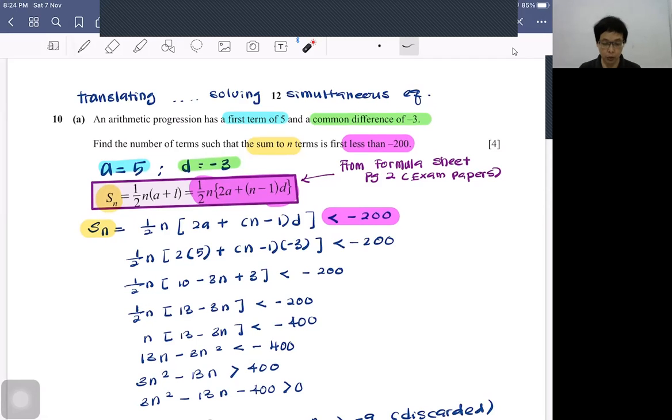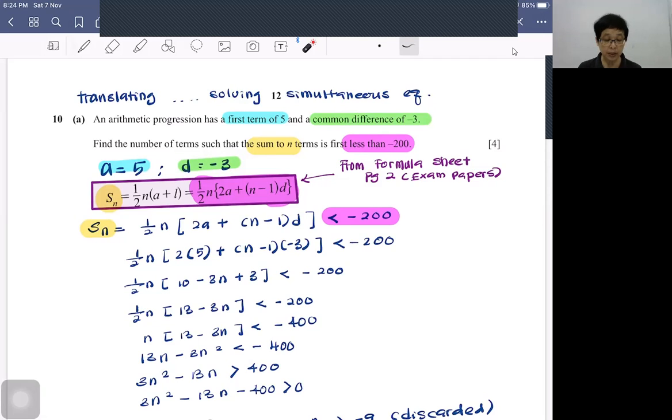Well, let's read this question. An arithmetic progression has a first term of 5 and a common difference of negative 3. So that's what we have found. We know that the first term, a, equals 5, which is what we have translated there, and the common difference of negative 3, this is what we have noted down.